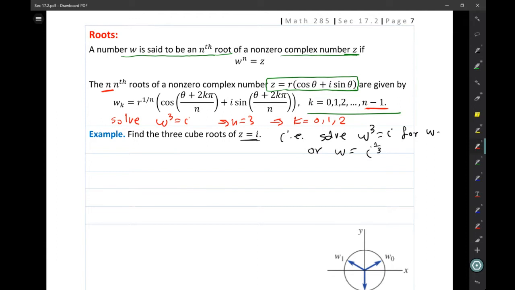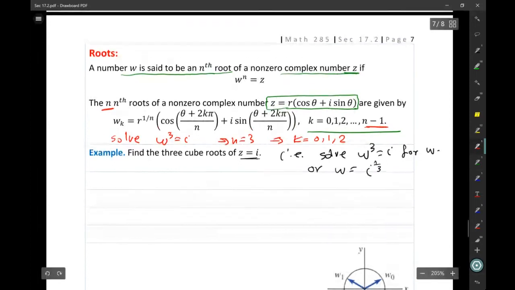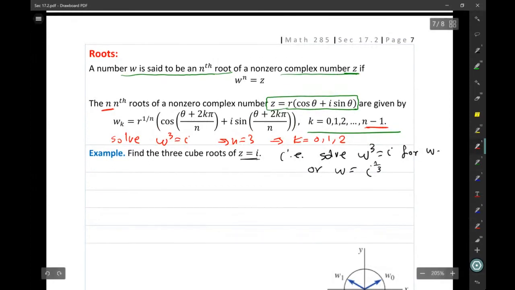Now my complex number z, first of all, here n is equal to 3 because we want the cubic roots, 3 cubic roots. The complex number z is equal to i. I need to write it in polar form.